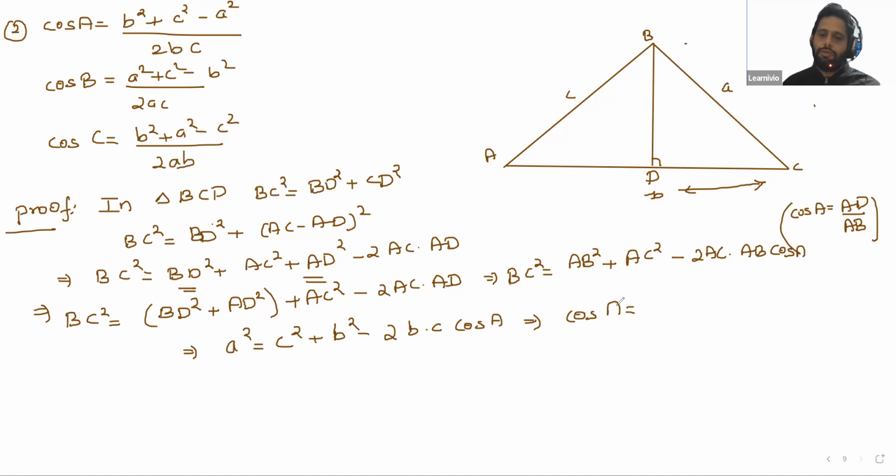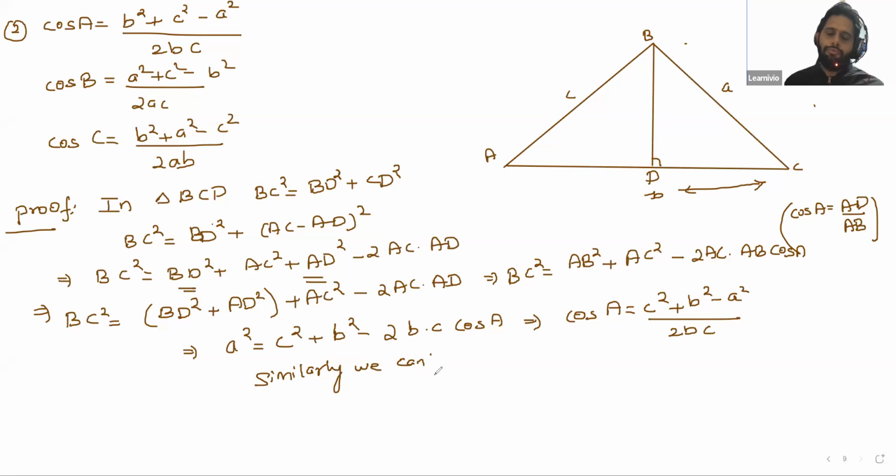So this becomes cos A is equal to C square plus B square minus A square by 2BC. Okay. Similarly, we can prove further formulas, the other formulas. Okay.